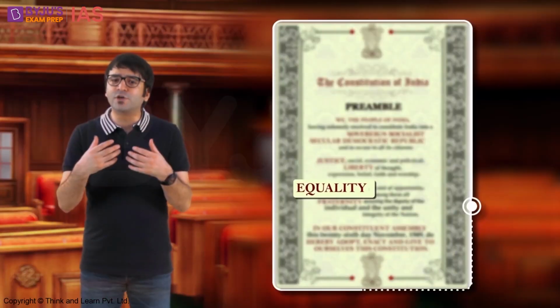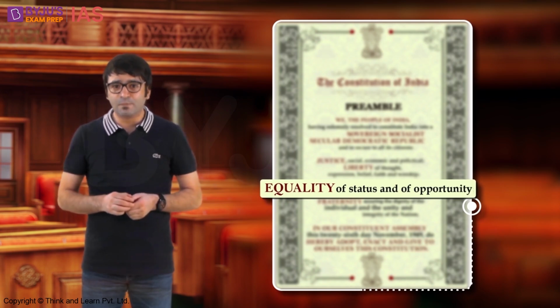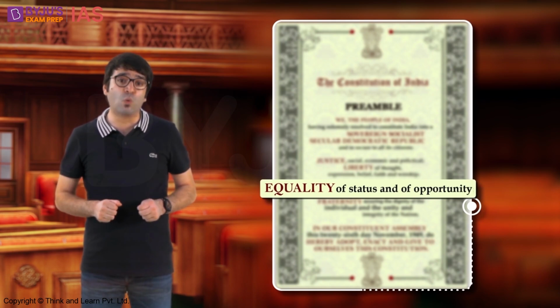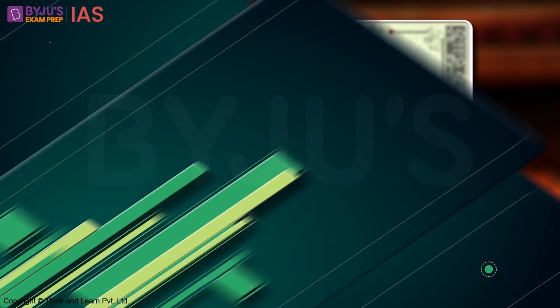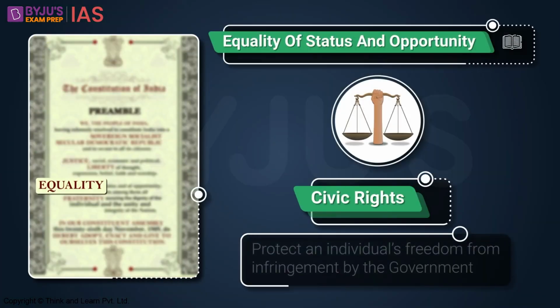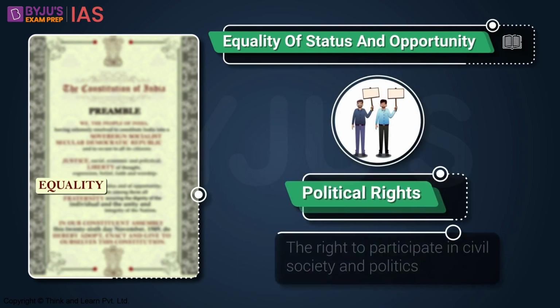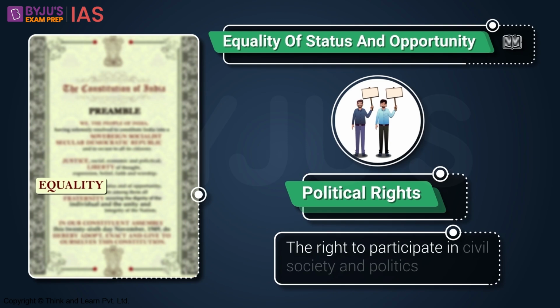Thus, equality of status and opportunity mentioned in the preamble lays the ground for three types of equality as mentioned in the Constitution. Civic rights, that is the rights that protect an individual's freedom from infringement by the government. Political rights, that is the right to participate in civil society and politics.